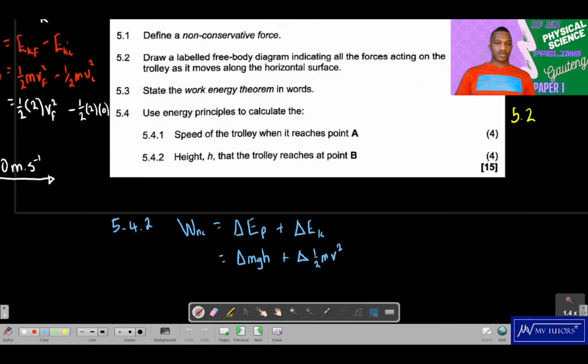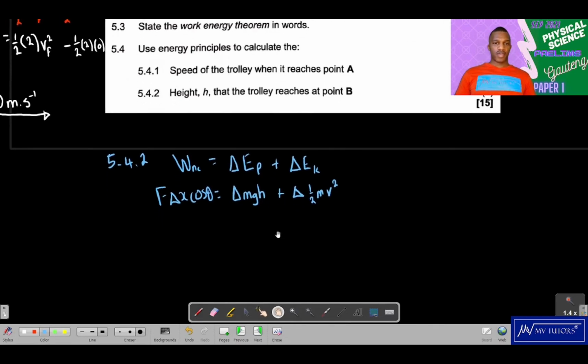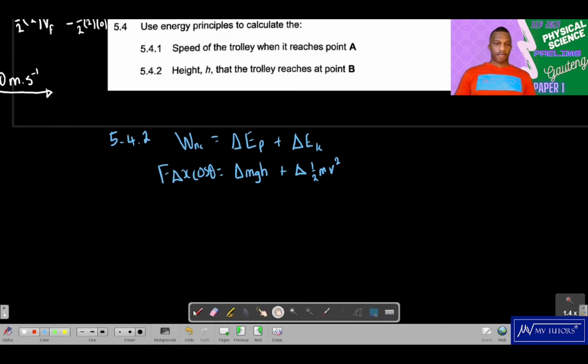All right, so what was it, f, and then we had change in distance and then cos theta. All right, I think we pretty much have everything we need, but we need to do this.